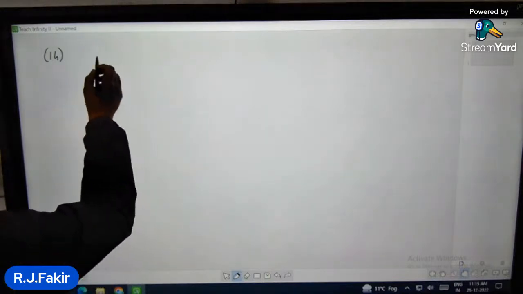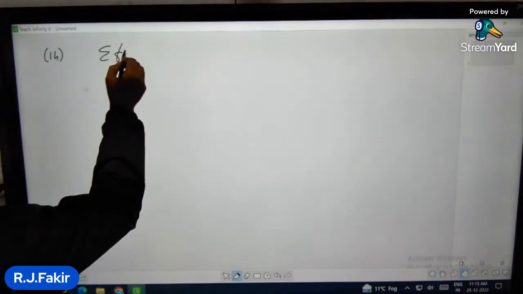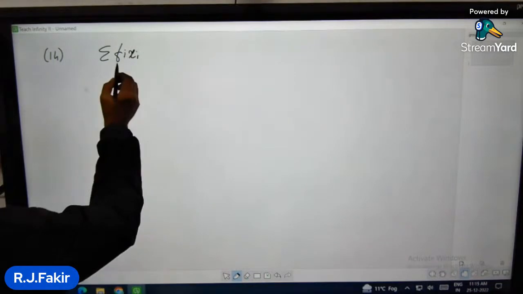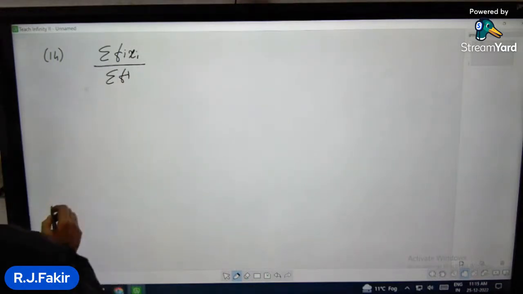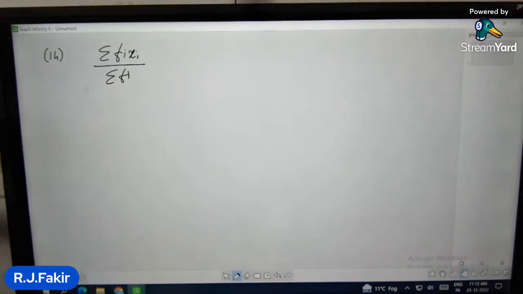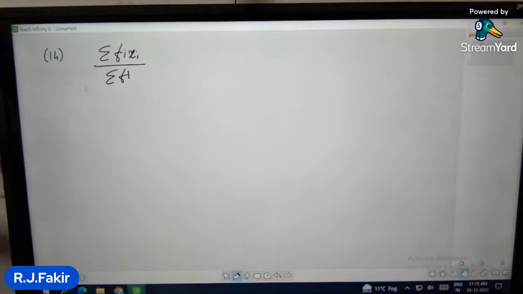We generally use this formula: sum of fixi upon sum of fi.